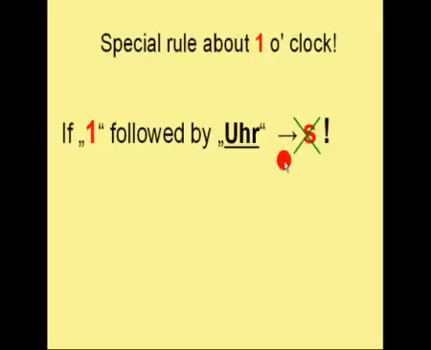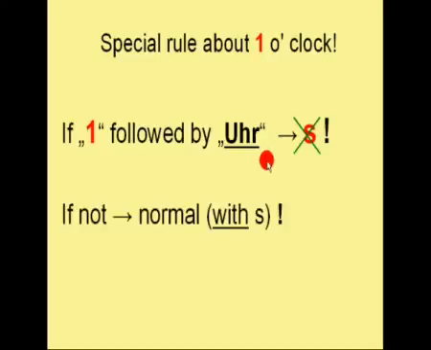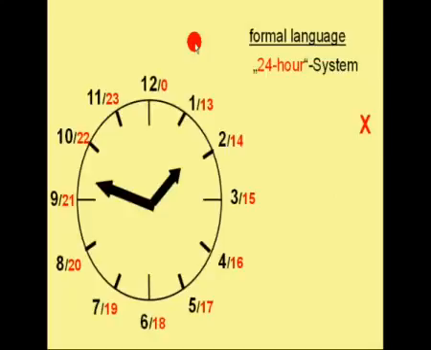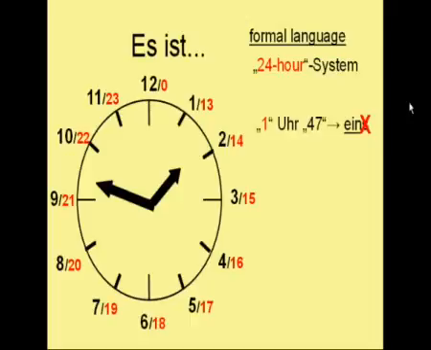And in every other case, when the 1 is not followed by Uhr, you speak the number normal with S. An example for this would be, if you want to tell the time in this case here, you would say Es ist, and if you mean AM, you would say 1:47 Uhr. And as you've heard, I didn't pronounce the S because in this case the 1 is followed by Uhr, so there's no S at the end.